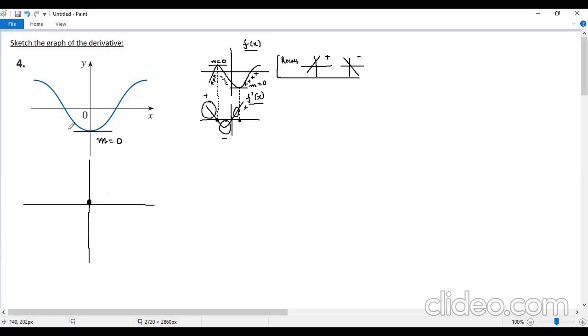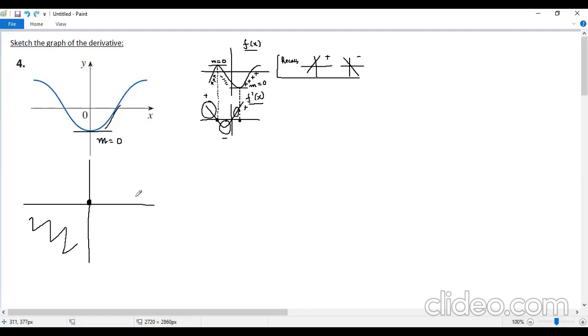And what we notice on this side of that point is that the slopes of the tangent lines are all negative. So we're going to represent that fact as being in this part of the graph. And then as we pass through this point where m equals 0, all those tangent lines are then positive.